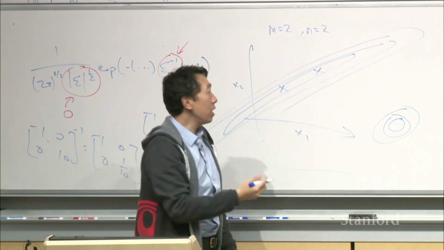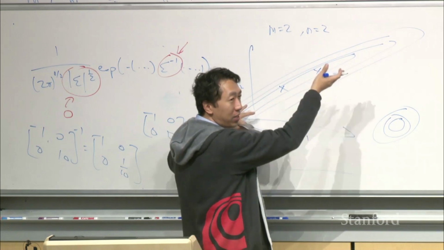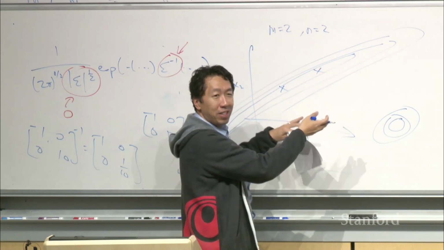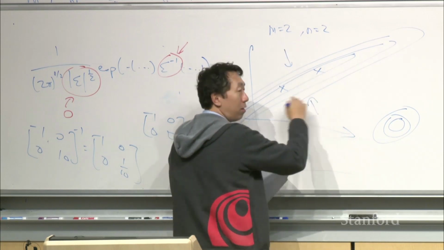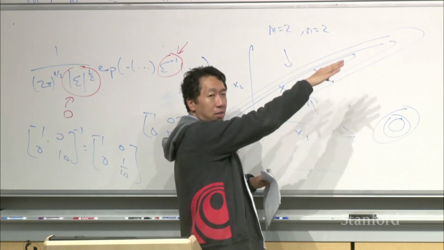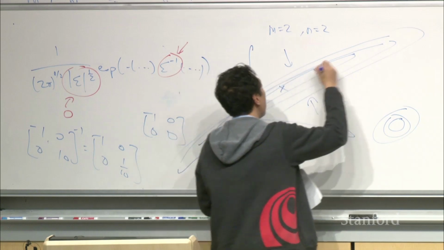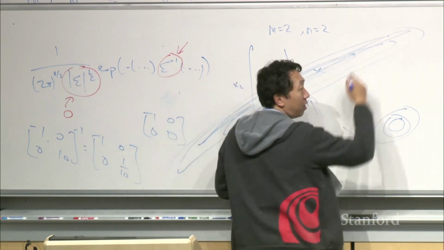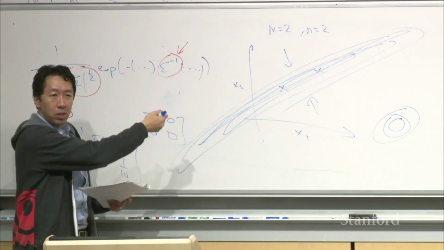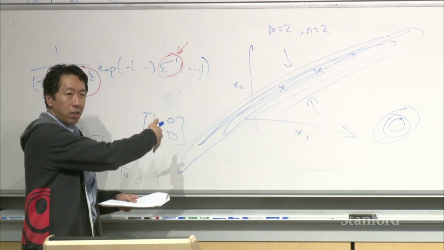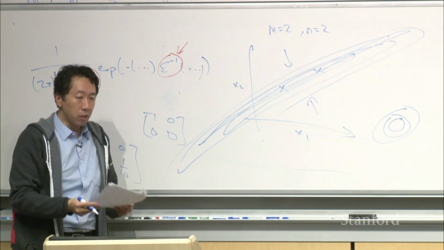I can't draw lines of zero width on the whiteboard, but the contours will be squished infinitely thin, so you end up with a Gaussian density, all of whose mass is on the straight line connecting these 2 points.